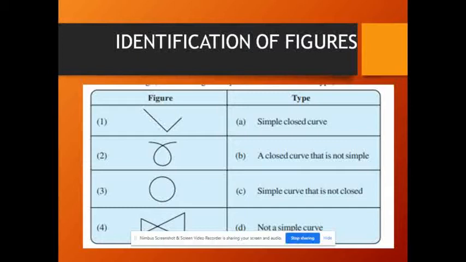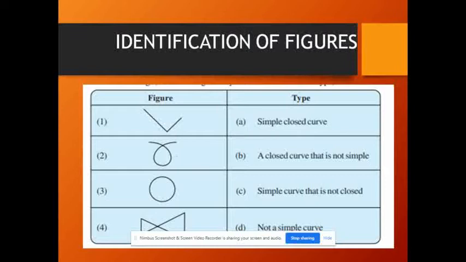Here is a test for you. We are going to match the exact figure based on the open and closed shapes. Look at the first shape, second one, third, fourth. First one, it is not closed.